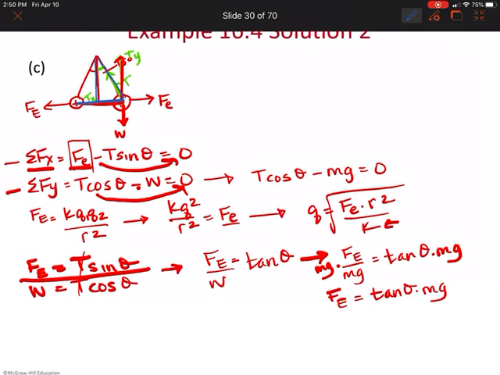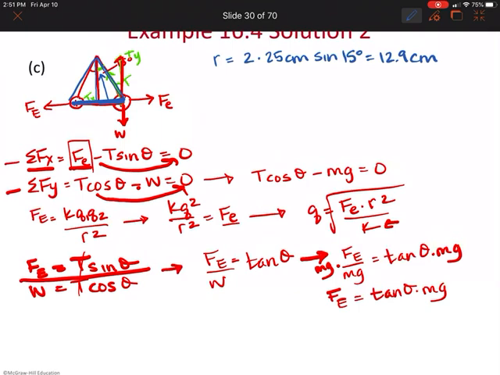So we have this string and this string, two of those strings, times 25 centimeters, but this is in the X direction. So 25 centimeters sine, because X here is opposite to this angle. If it was adjacent to the angle, then it would be cosine. So sine 15 degrees. If you solve that, you get 12.9 centimeters. So this total distance right here is just 12.9 centimeters.